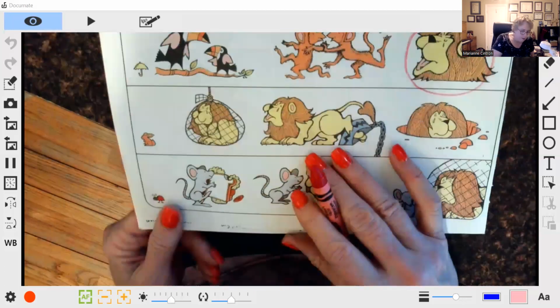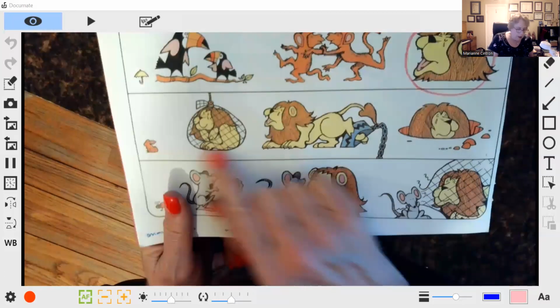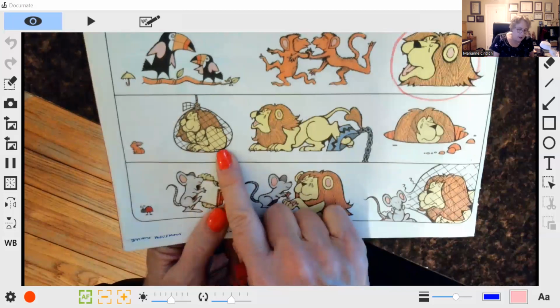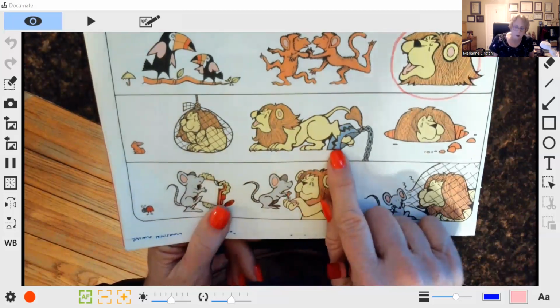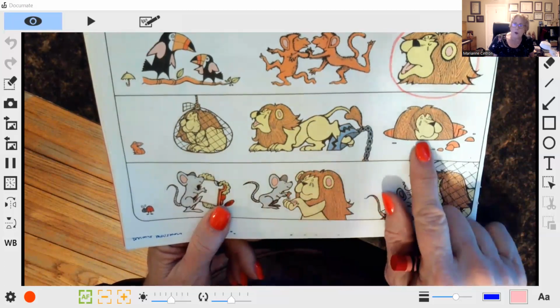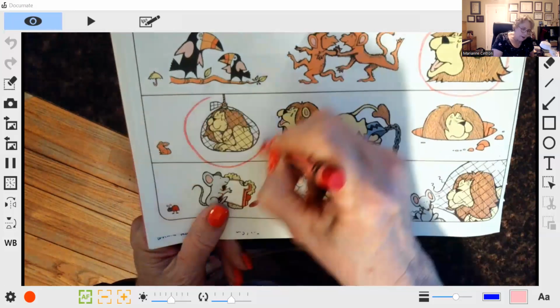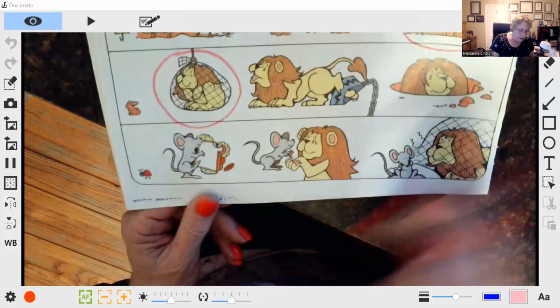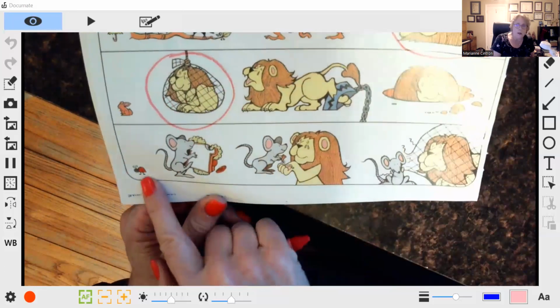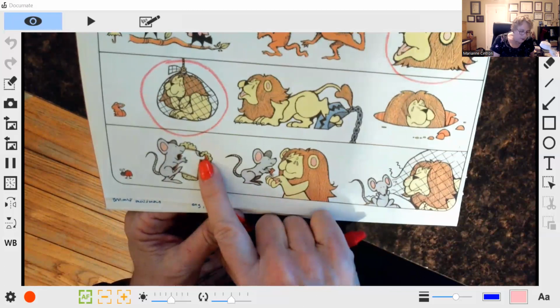Now, on the fourth row, we have the rabbit. Is our lion in a net? Is our lion trapped in a trap? Or did our lion fall into a hole? The lion is in a net, stuck in a net. Now, on the last line where the ladybug is, did the mouse eat the sandwich?